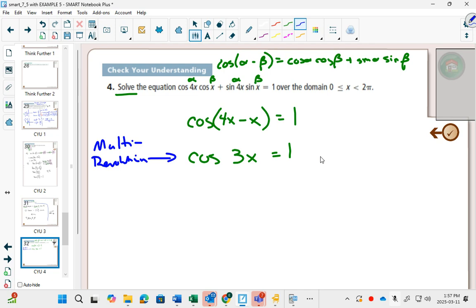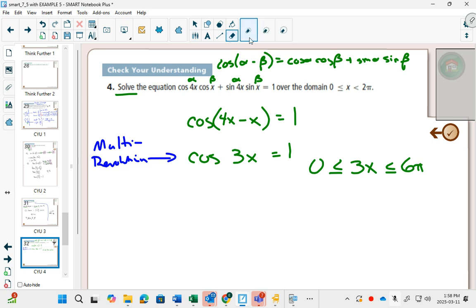But if we have a multi-revolution question, what did that mean? Well, first of all, we rewrote the domain for 3x. If x is between 0 and 2 pi, 3x would be between 0 and 6 pi. Oh, and there, thank you. Notice that there's no equal sign on that one.